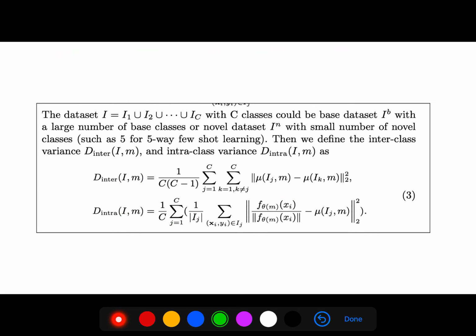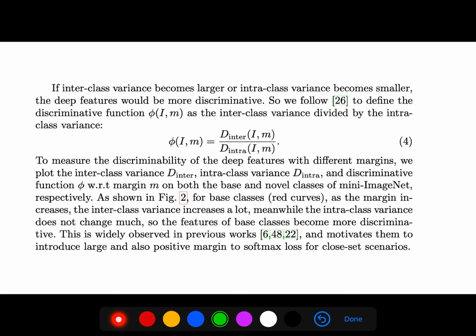But this is important. We define the interclass variance and intraclass variance, two different variances. And then we say that if interclass variance becomes larger or intraclass variance becomes smaller, the deep features would be more discriminative. So we follow this to define the discriminative function as interclass variance divided by intraclass variance.